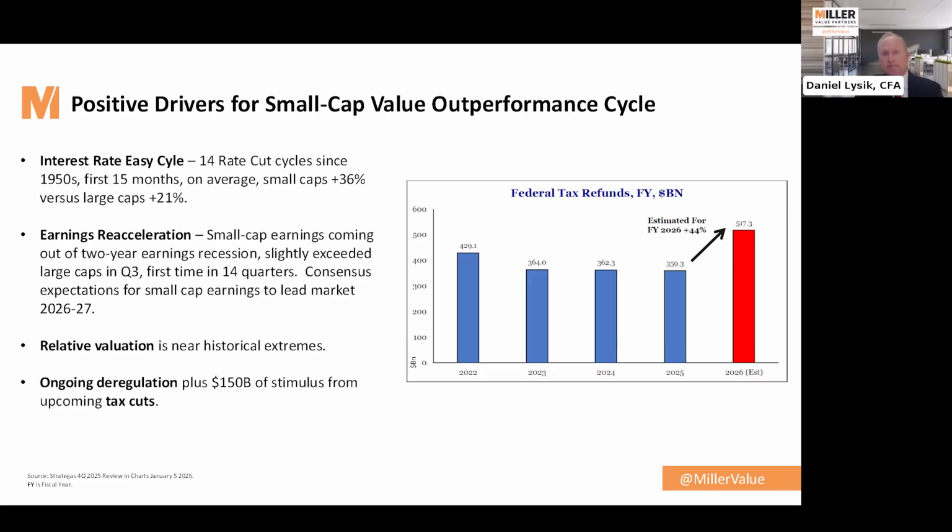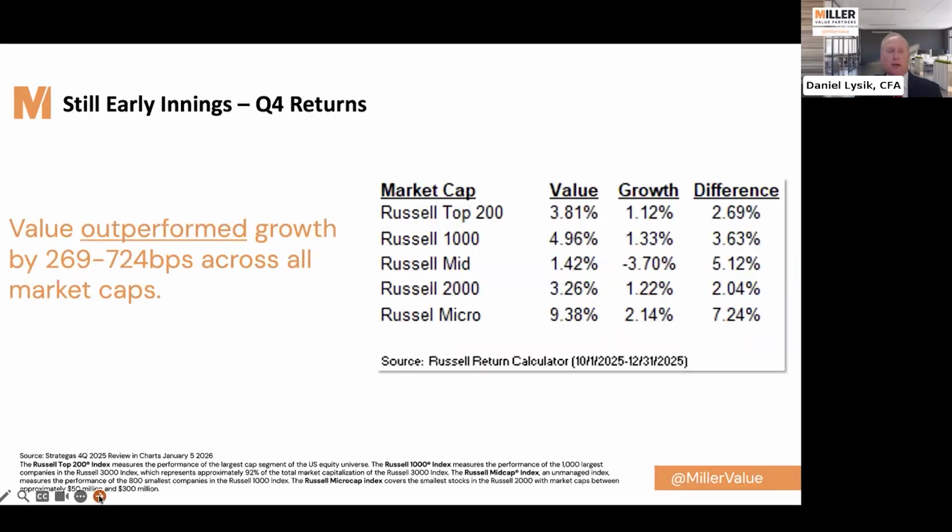On the next slide, we walk through and highlight fourth quarter returns. We don't think this is widely highlighted or picked up in the market, but you saw a broadening and a nice rotation within the equity market. Value outperformed growth by 270 to 724 basis points, and that was across all market caps, as you can see on the slide.